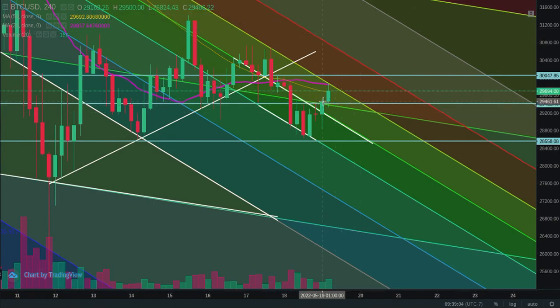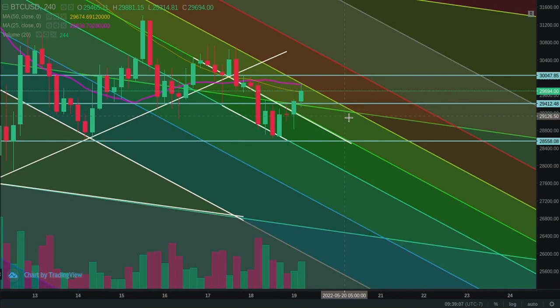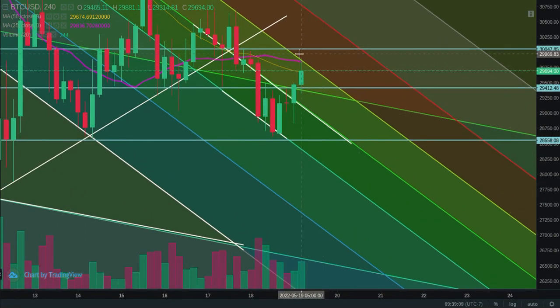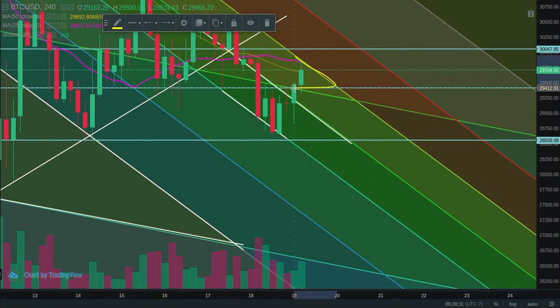So my next idea would be this triangle that's forming right here. If you look right there, that triangle is pretty much forming. So this triangle is going to determine our next direction of where we're heading.